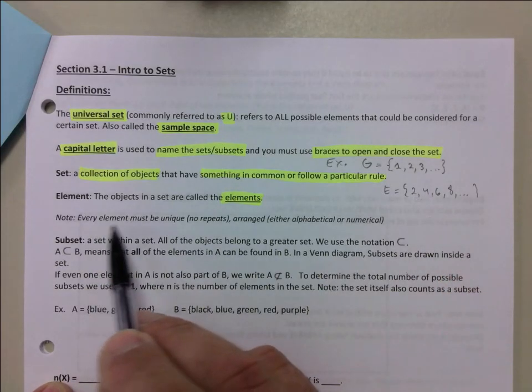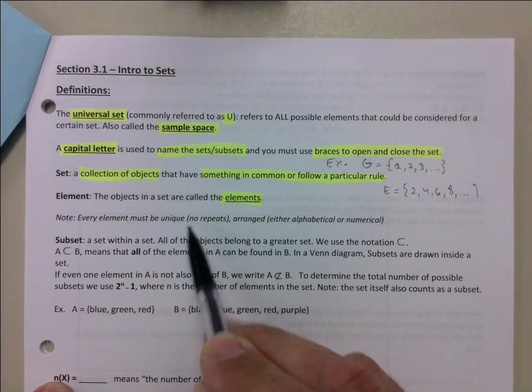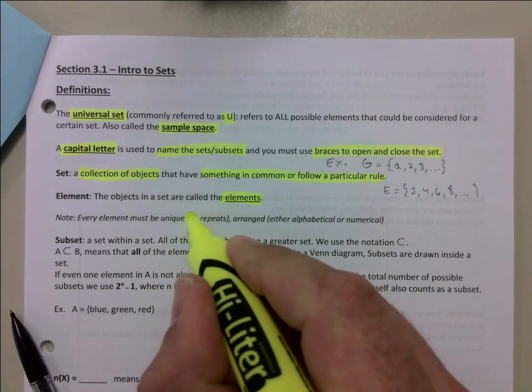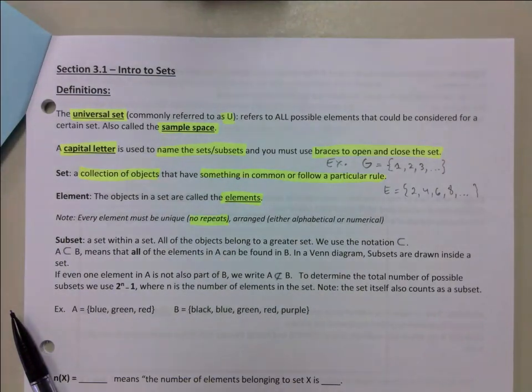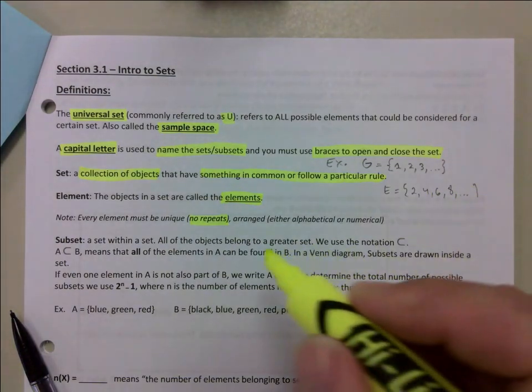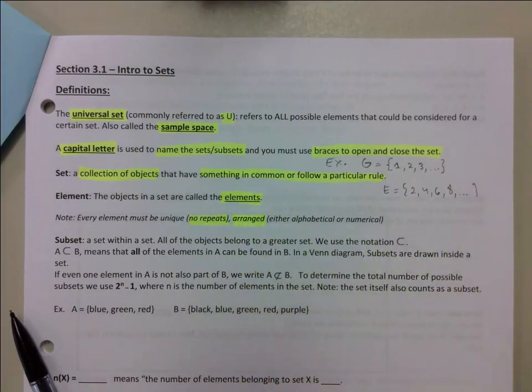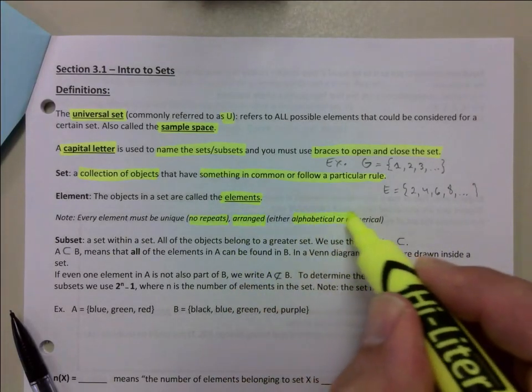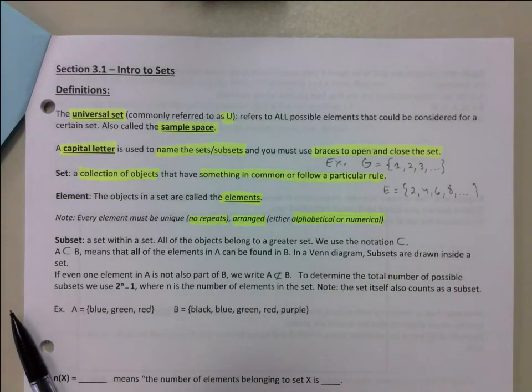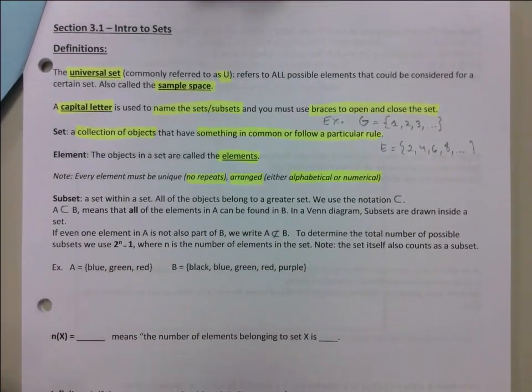Every element must be unique. You can have no repeats. You can't have the same element listed more than once. And we want to have them arranged, either in alphabetical or numerical order. That's what we want normally.